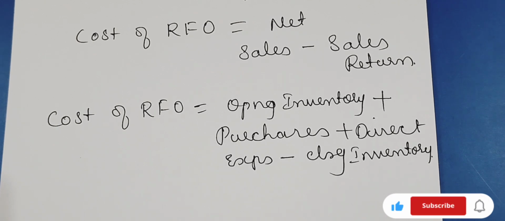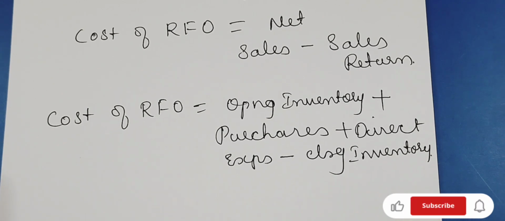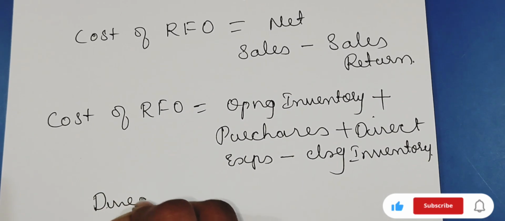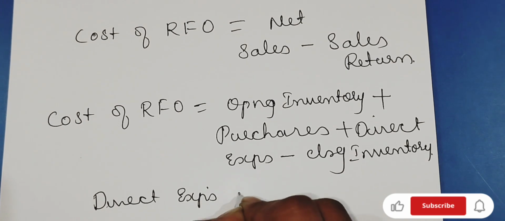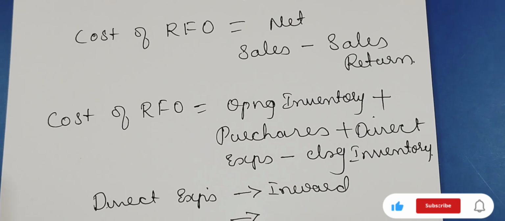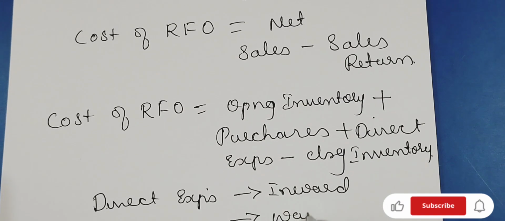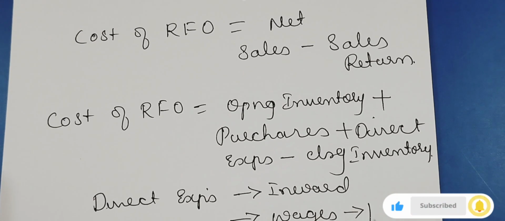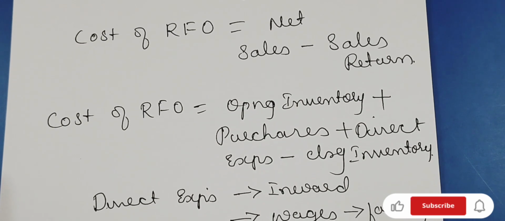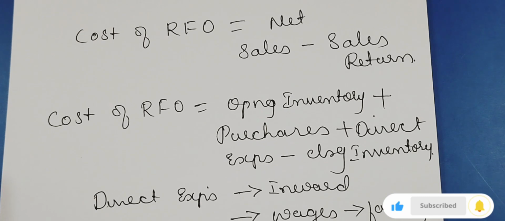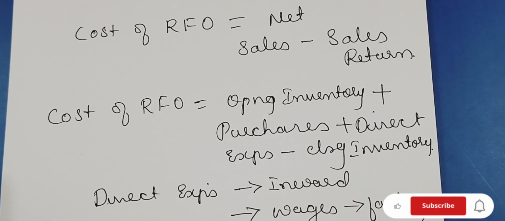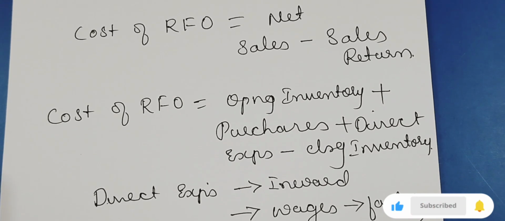Examples for direct expenses are carriage inward, wages, factory wages, purchases related expenses, production or manufacturing related expenses.